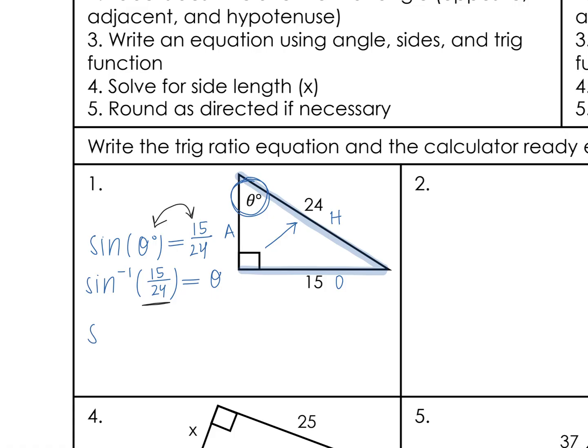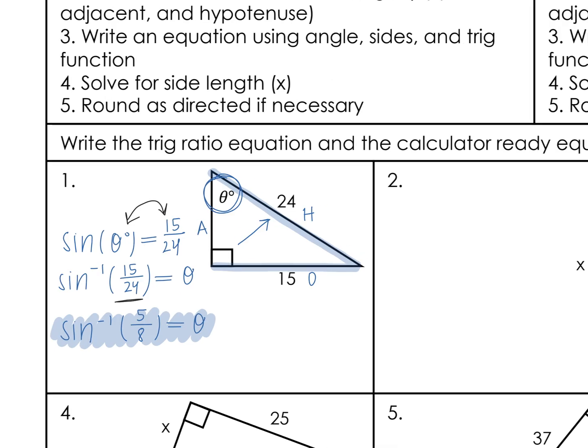And so my final answer here is inverse sine of 5/8 is equal to my theta. All right, so this would be my calculator ready form, the answer you would plug in. And the key thing that you would also need to show me would be the initial trig ratio equation. Okay, so these two things, first one and last one.